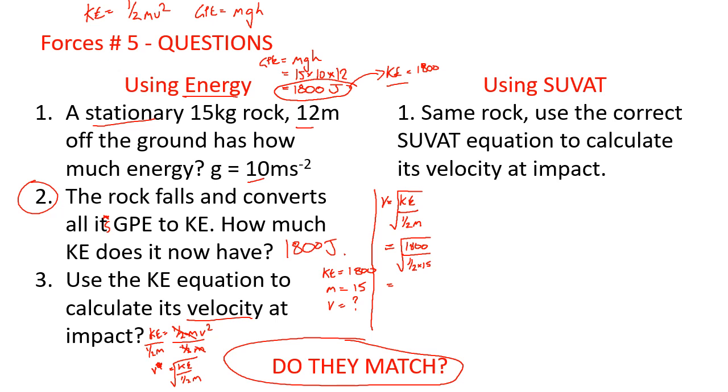So 1,800 on the top line, on the bottom line I've got 0.5 times 15 equals, and I have a velocity of 15.49 meters per second. Remember, it's velocity, meters per second.